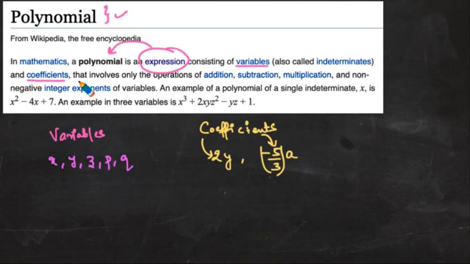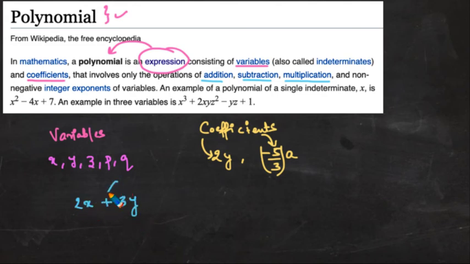Let's move on. It involves only the operations addition, subtraction and multiplication. There is no division. So the variables and coefficients would only involve addition, subtraction and multiplication, but no division. For example, let's say we have 2x plus 3y.